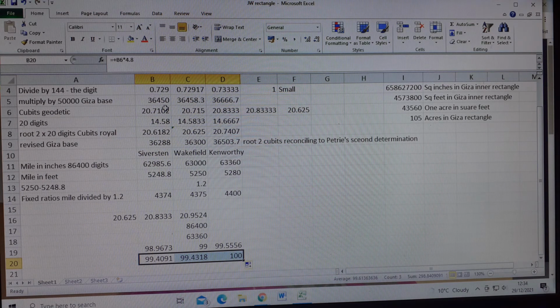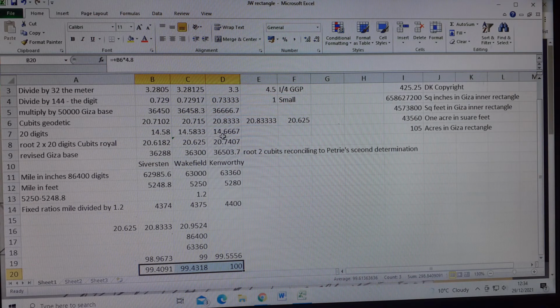And the geodetic cubits are longer than the royal cubits in every case. But we get the royal cubits when we use root 2, and we get the geodetic cubits, which are longer. And that's Harry's geodetic cubit, and that's Jim's. And they're producing these two. And this is why the whole thing is so complex and complicated.